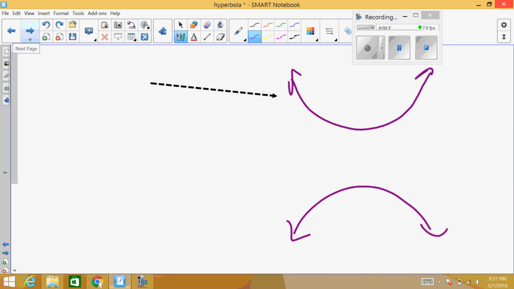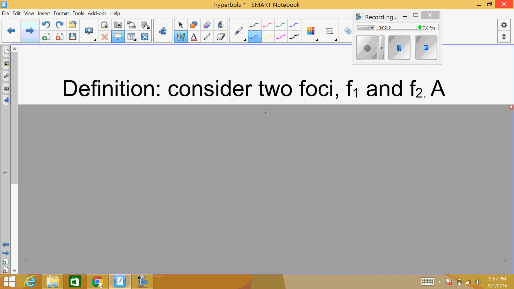So what is the definition of a hyperbola? Well, here we go. Consider two foci. I'm not going to just say that they're two points. We know that, in fact, they are going to be called foci. And we're going to name those F1 and F2, similar to what we did with an ellipse.